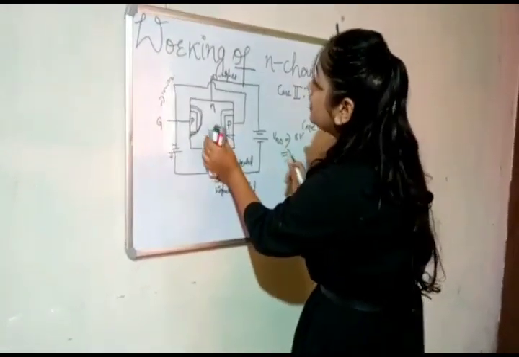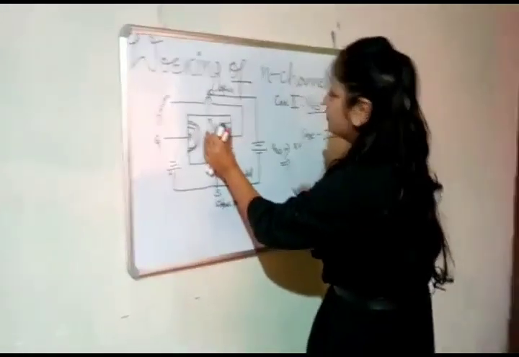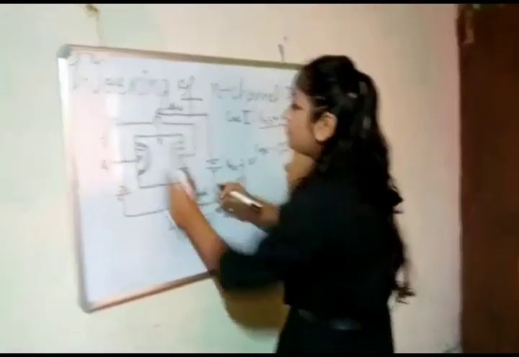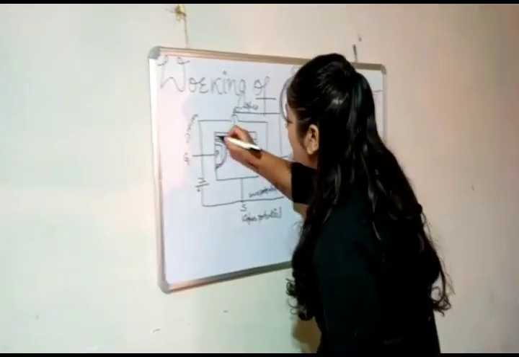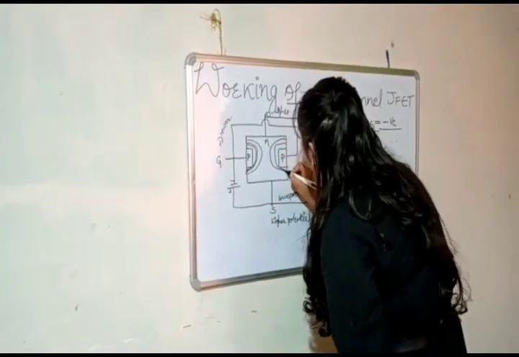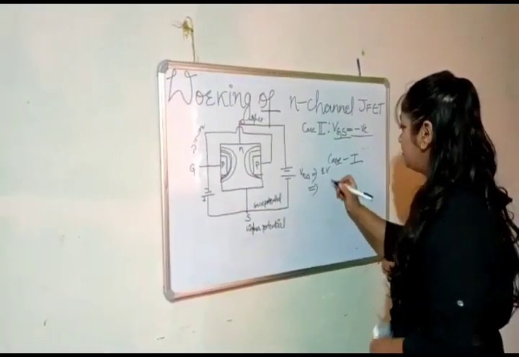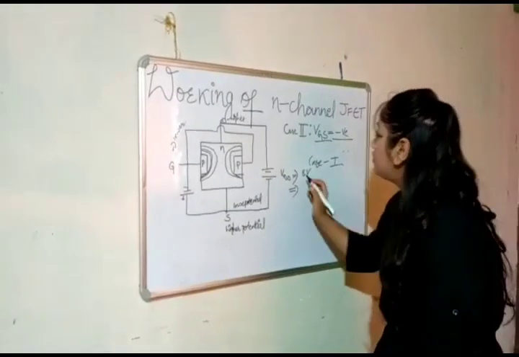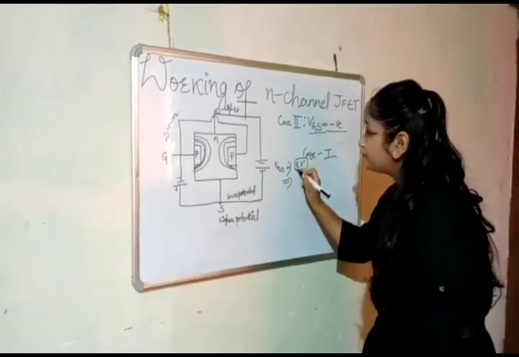The pinch off voltage will be generated, the point when the depletion layers nearly touch each other, much faster than in case 1. We don't need to reach 8 volt.